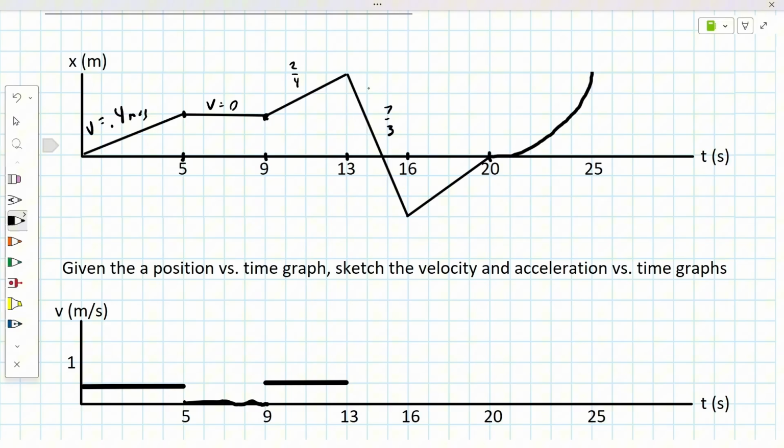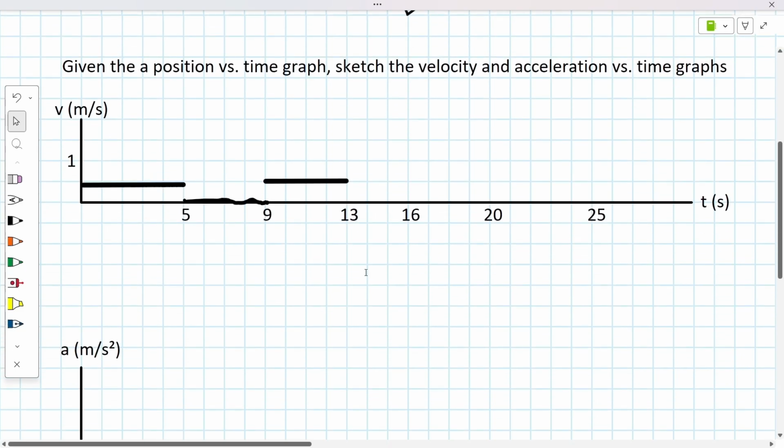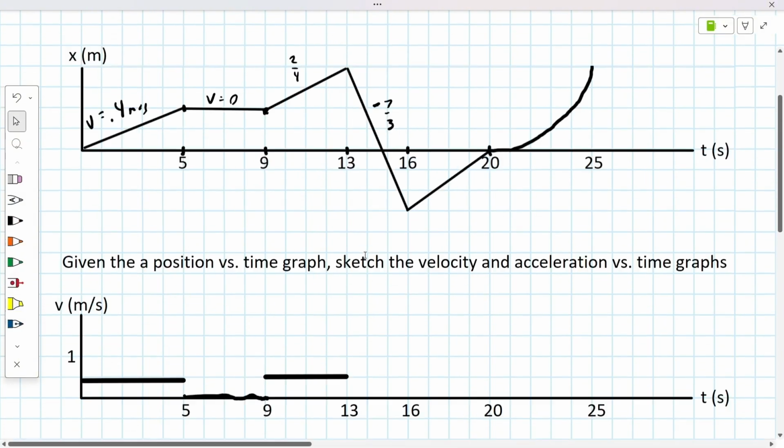But this one is actually a negative 7/3. It's going down, so when we draw it on the velocity graph, we'll have to draw it below the x-axis, because we're assuming positive is in the same direction. So this will be about 2.5 or so, right down here. These should be straight lines with no slope, but it's hard to draw.